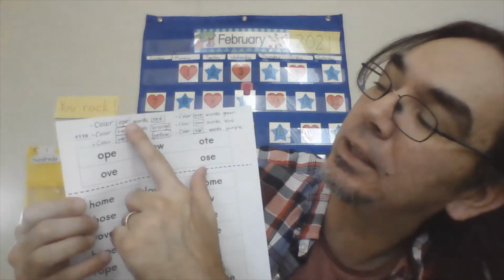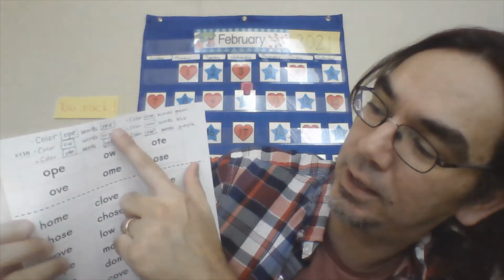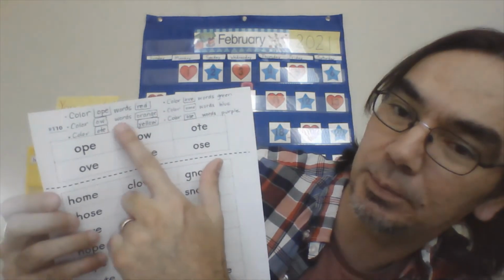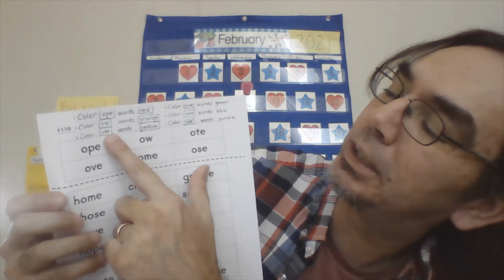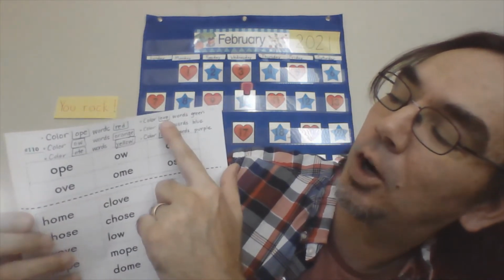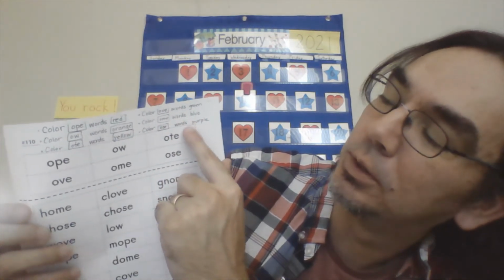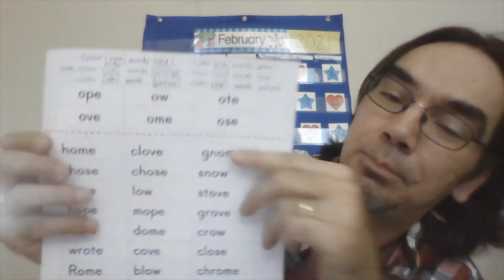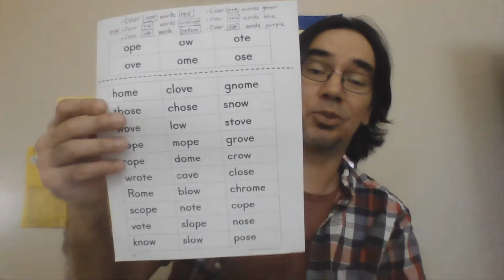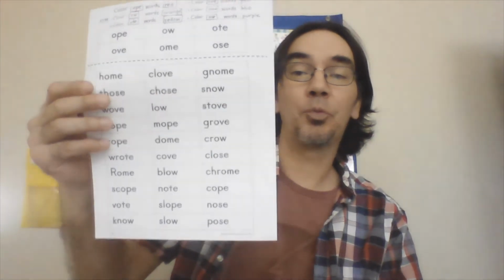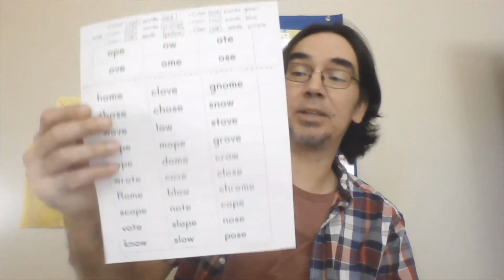So if it has an OPE in it, you're going to color it red. OW is going to be orange. OTE is going to be yellow. OVE words will be green. OME words will be blue. And OSE words will be purple. So there's a lot of different colors to do on here. Spelling packet, page number 3.